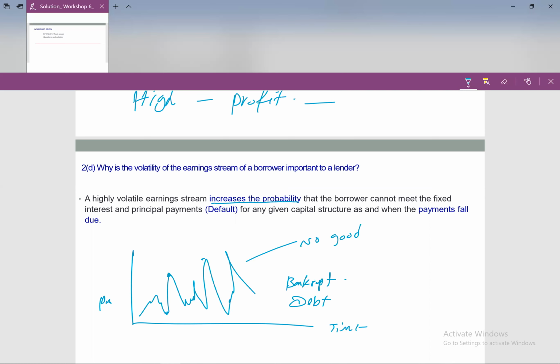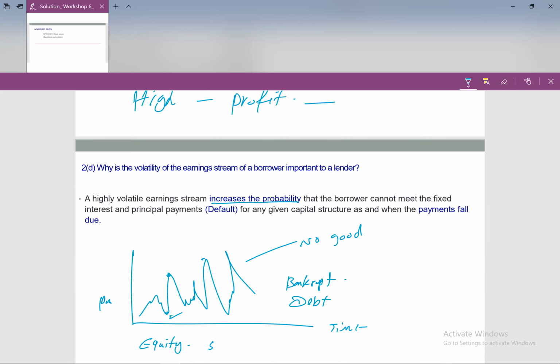Because there will sometimes be high profit and low profit, but if the payment comes while the profit is low, then you cannot pay and you can go bankrupt. But if you are equity financed, the shareholders can wait for you.